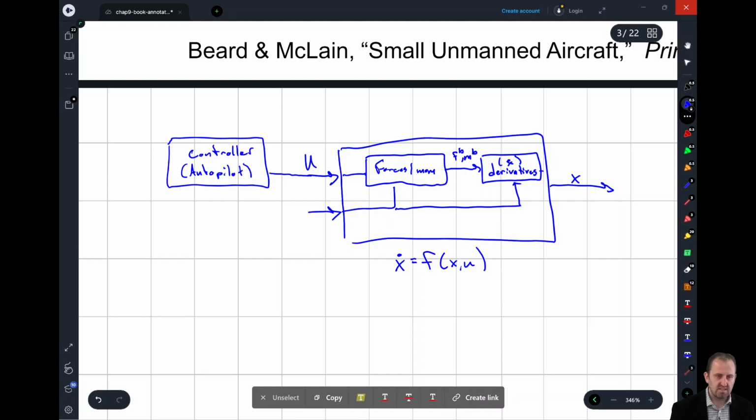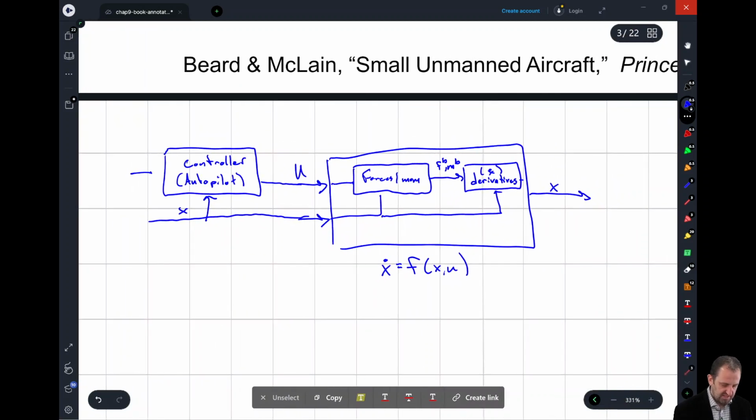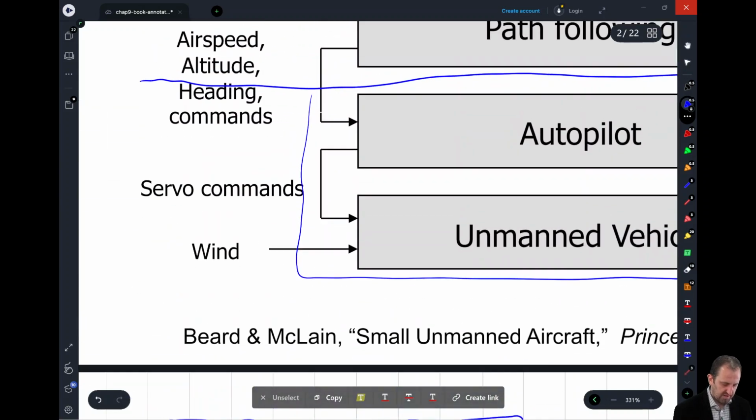That's what actually produced our input u, not our state x. And here it is a function of our state x and the inputs to this guy right here, this is what we were talking about right up on this slide.